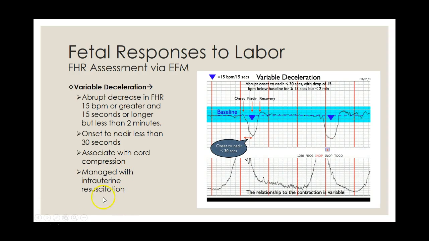Well, we have to intervene with the patient that we can see. And so we would just flip her over. We would turn her on the opposite side, or we might put her in a knee-chest position, just to move her however we can to get that cord out of whatever spot it's in. So that's part of our intrauterine resuscitation we'll talk about.